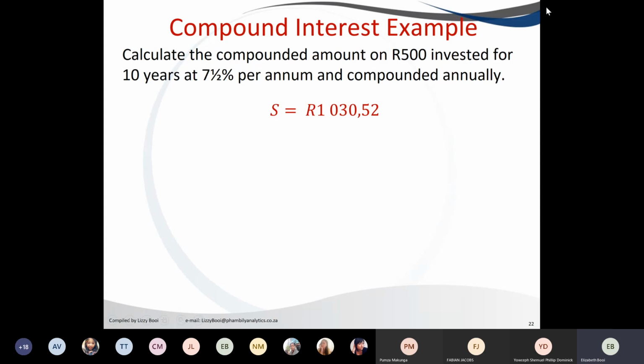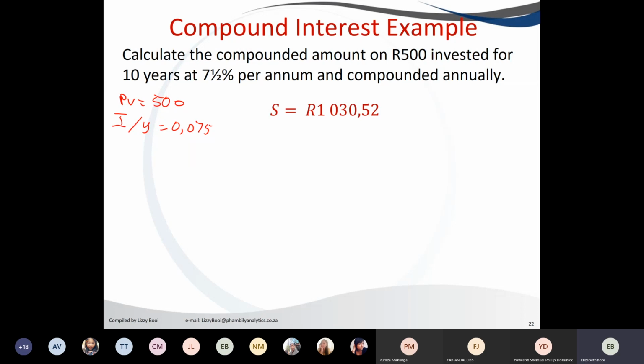So every time you get a financial question, you need to state what you are given. Like you will say your present value is 500. And then you will say your interest, because your interest on your calculator is I/Y, is equal to 0.075, which is 7.5 divided by 100.